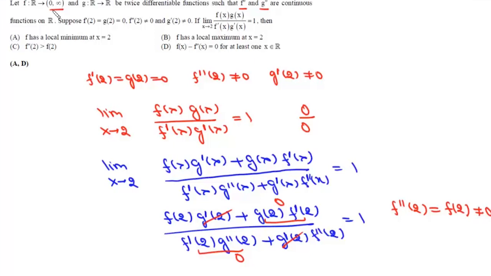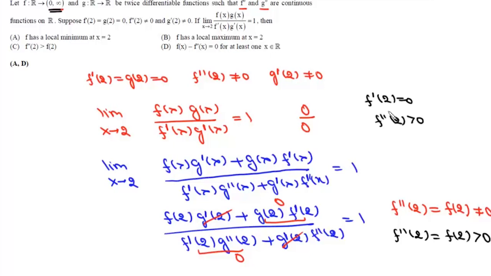Now in the question it says its codomain is from 0 to infinity. That means this f double dash 2, which is equal to f(2), is greater than 0. Now if we look at f dash 2, we know that f dash 2 is 0 and f double dash 2 is greater than 0.